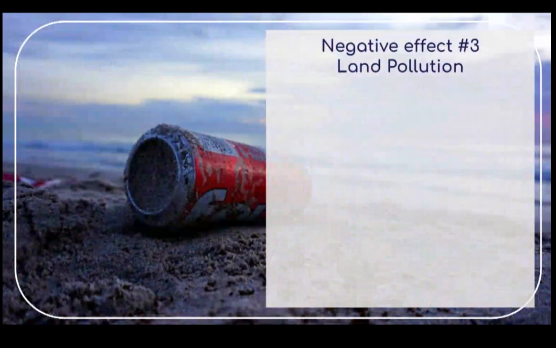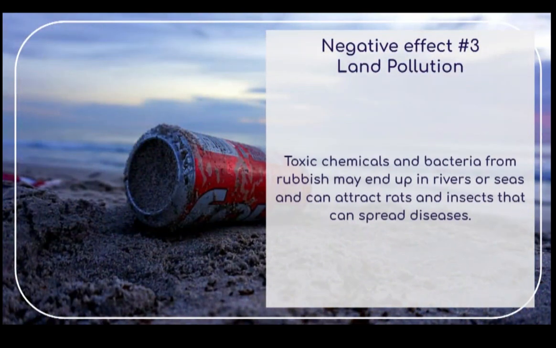Land pollution: toxic chemicals and bacteria from dumping grounds and landfills may seep into the soil. The millions of tons of rubbish produced every year, when not disposed of properly, can attract rats and insects that can spread disease.